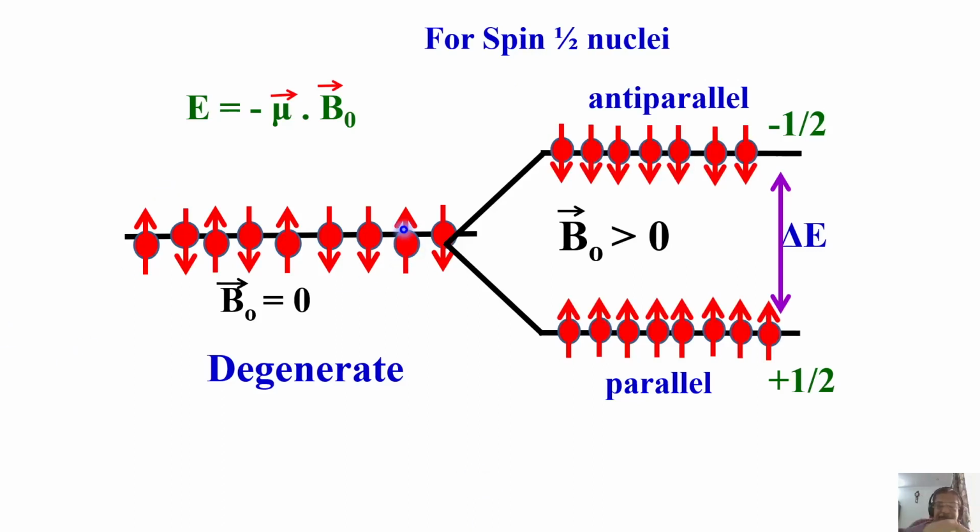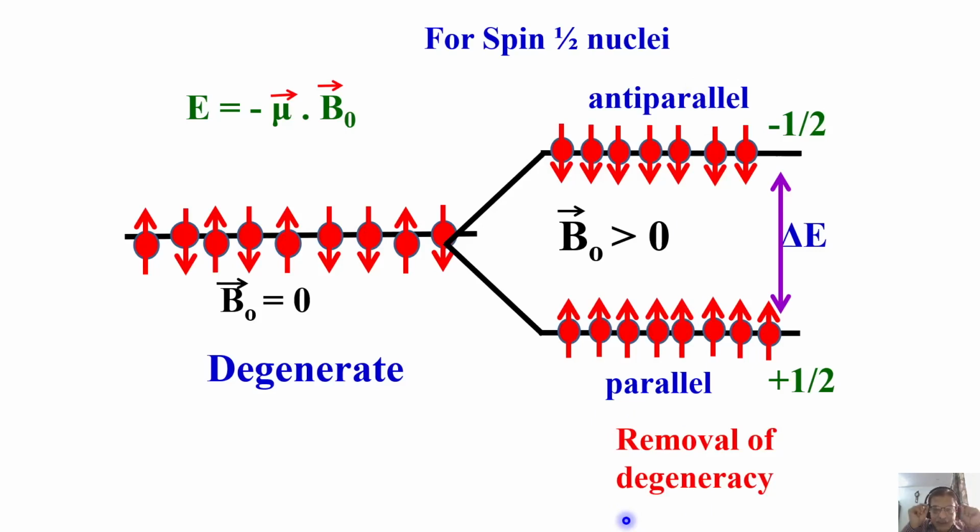As I said in the previous slide, some spins orient in the direction of the field, some in the direction opposite to the field. This random distribution was there in the degenerate state. Now there is a preferred alignment of the nuclear spins. This is called removal of degeneracy.